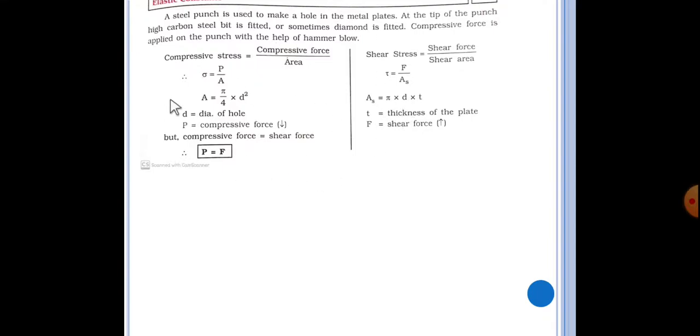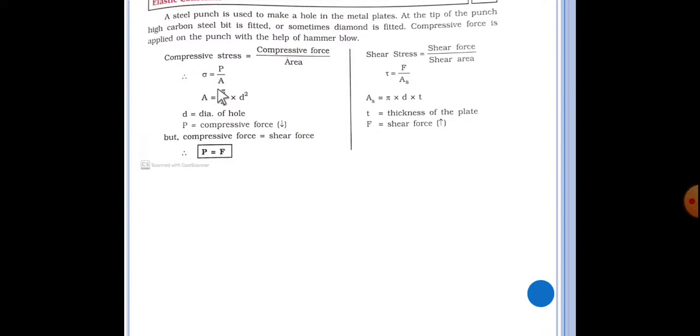So, from this we can calculate a number of things, but right now we have memorized some of the equations. First is linear strain, that is epsilon equals delta L upon L. Now, lateral strain, epsilon dash is equal to delta D upon D for a circular section.